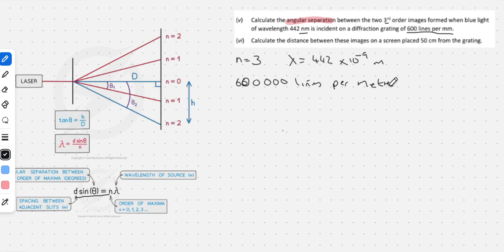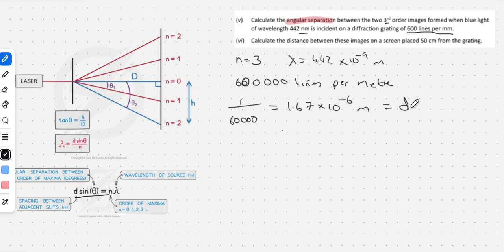And then to find the distance between those, you need to get the reciprocal of that. If you have any questions about that, just let me know. It's just 1 divided by the answer, and that will give us 1.67 times 10 to the minus 6 meters, and that is going to be equal to d.